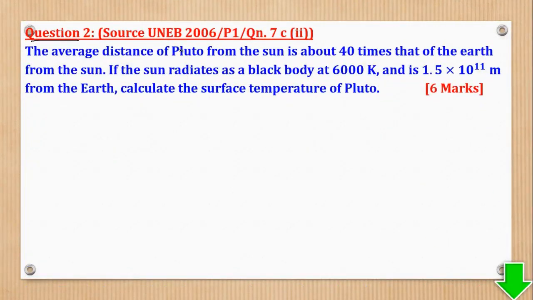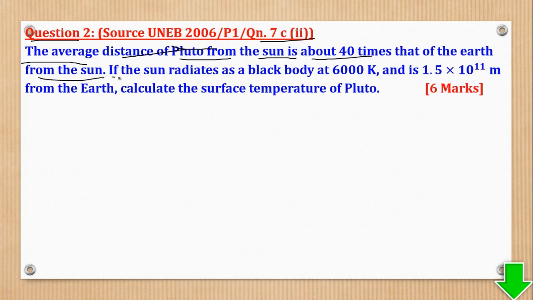Then question 2 came from UNEB 2006 paper 1 question 70 Roman 2, and it says the average distance of Pluto from the Sun is about 40 times that of the Earth from the Sun.